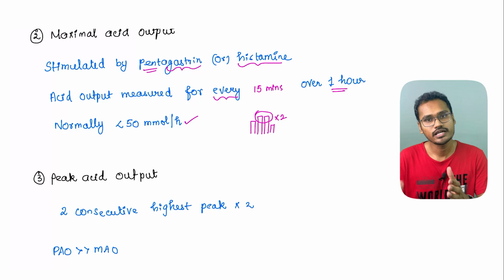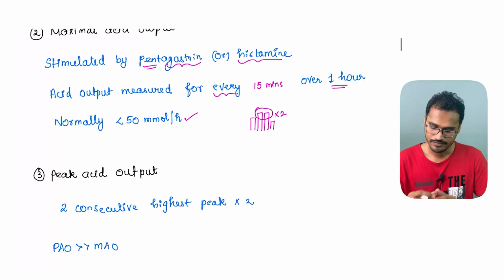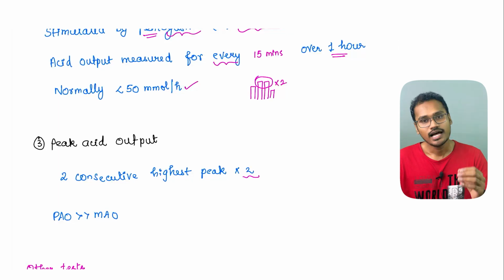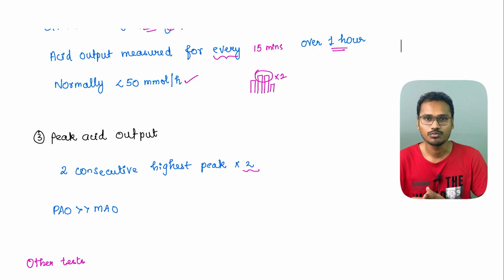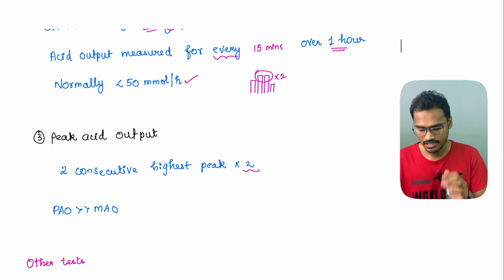It is also over a period of 1 hour, but this tests the peak acid output. So, the 2 highest consecutive values into 2. Generally the peak acid output will obviously be more than the maximal acid output, and the basal acid output should be less than 40% of the peak acid output.